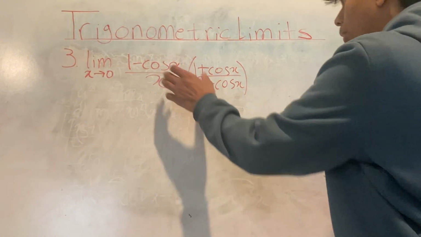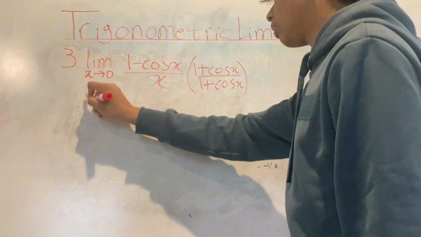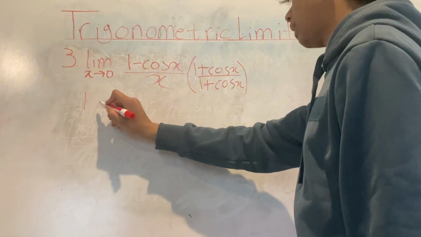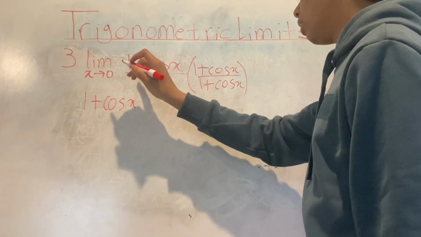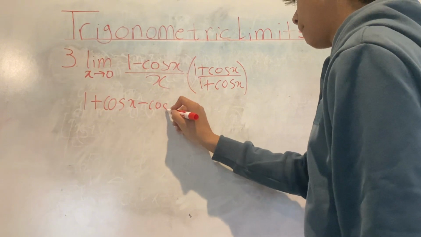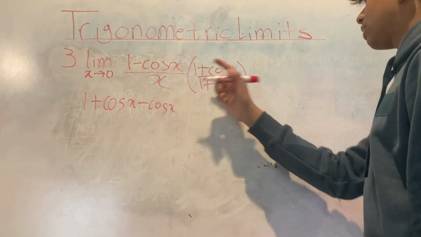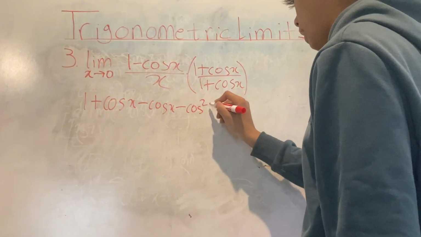And now if we multiply the numerator, we'll have 1, and then 1 times cosine x is just cosine x, and negative cosine x times 1 is just negative cosine x. And then negative cosine x times cosine x is negative cosine squared x.